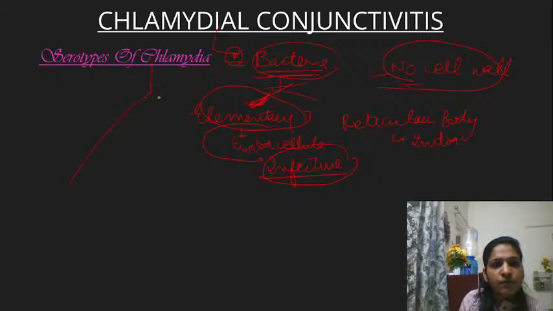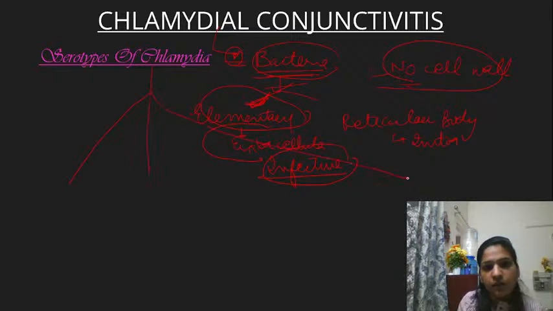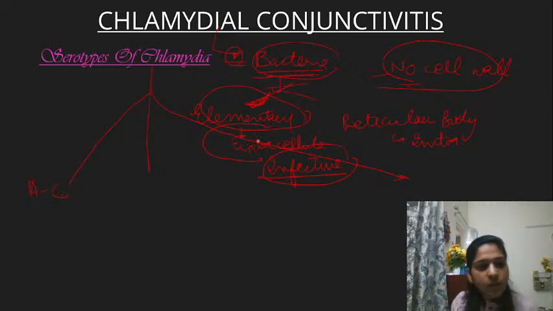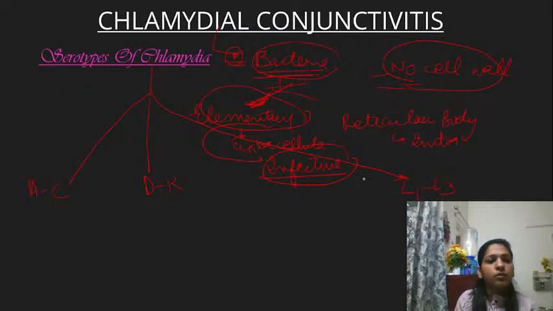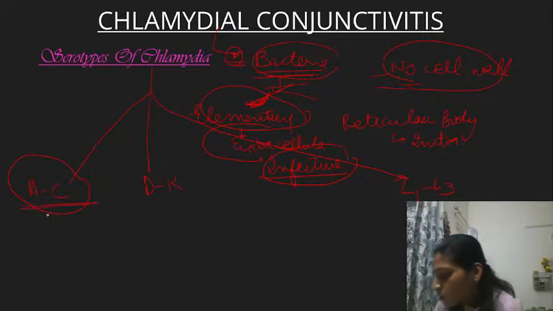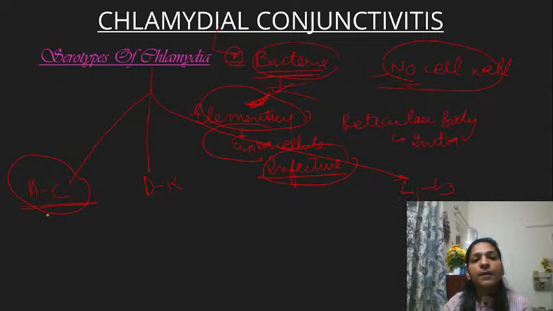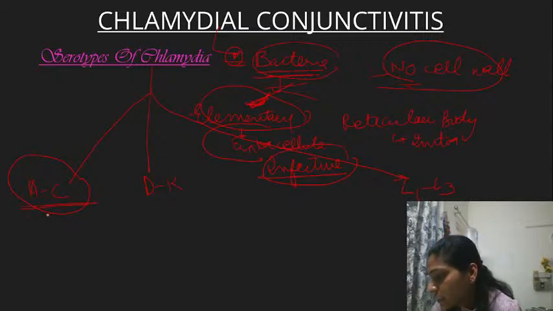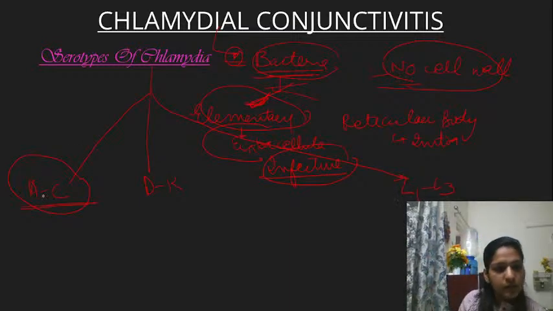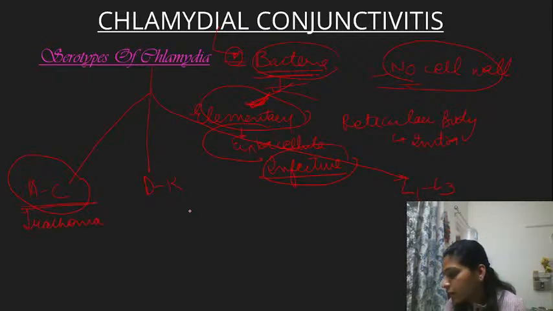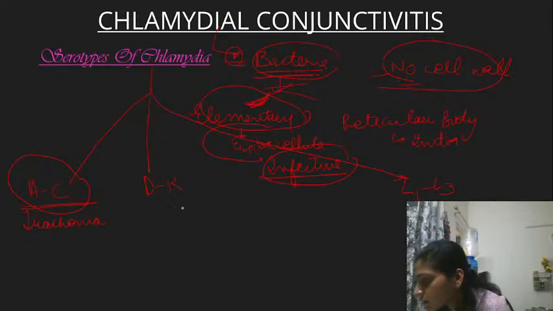Now there are three groups of serotypes in chlamydia: A to C, D to K, and L1 to L3. Can anyone tell me what disease the A to C serotypes cause? Anyone? Come on guys, answer.